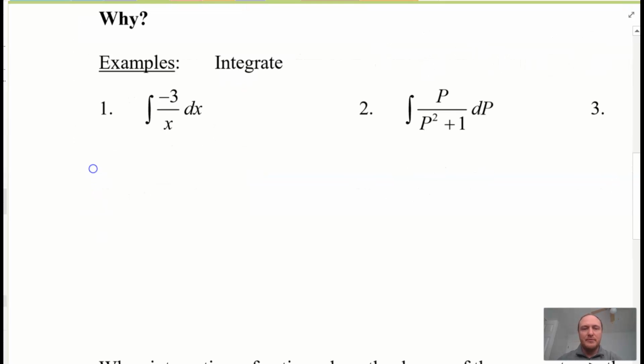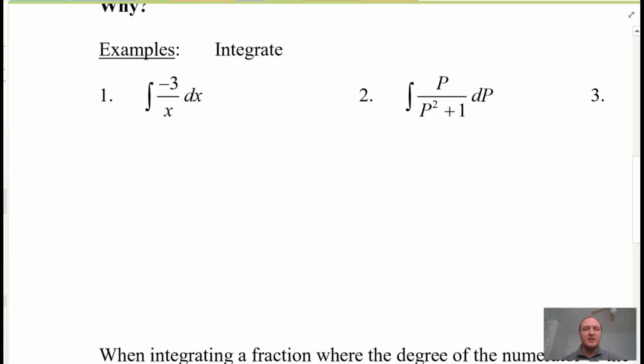So example 1, we're asked to integrate -3 over x dx. What I want you to see in these problems is that we have an x to the power of 1 in the denominator, okay? And it helps sometimes if you isolate that this is equal to the -3 integral of 1 over x dx.